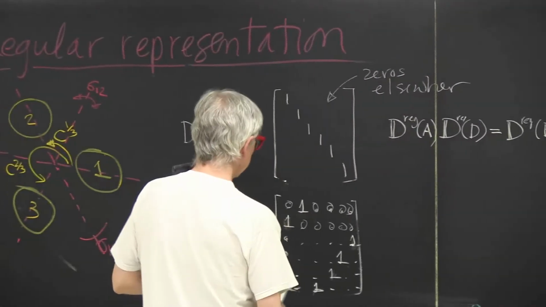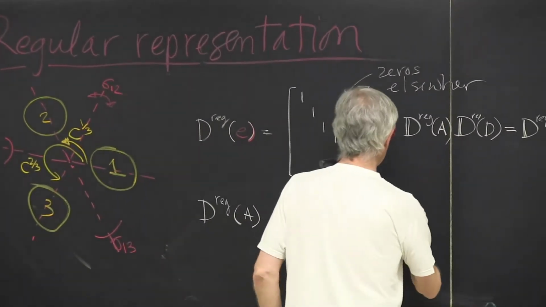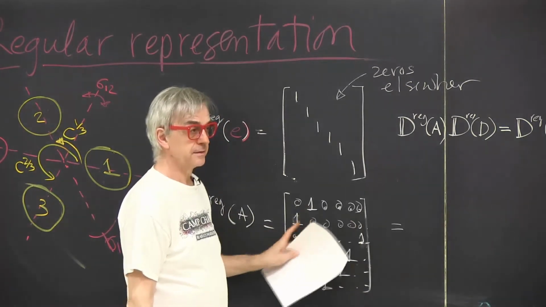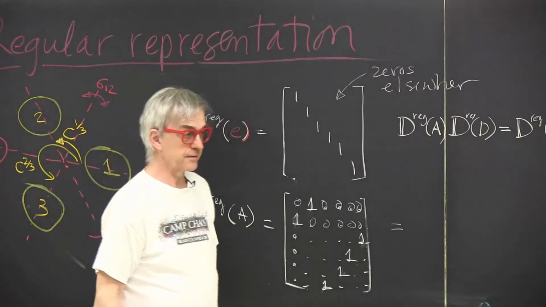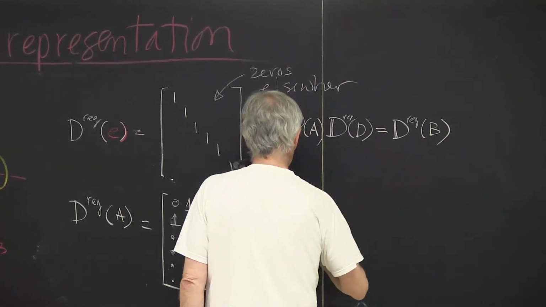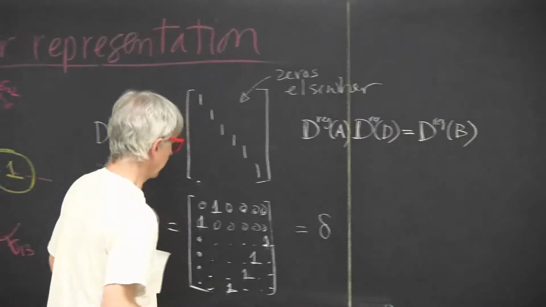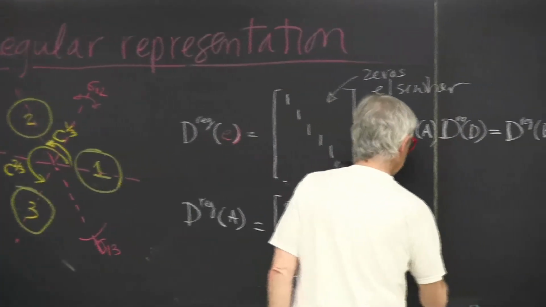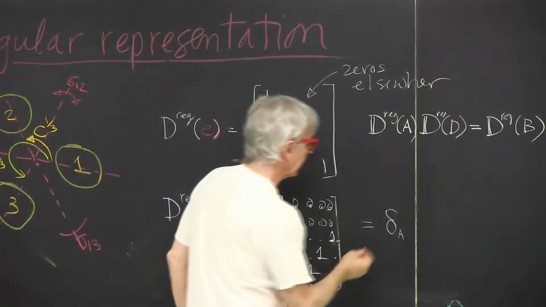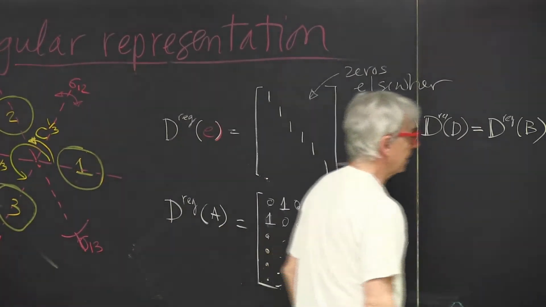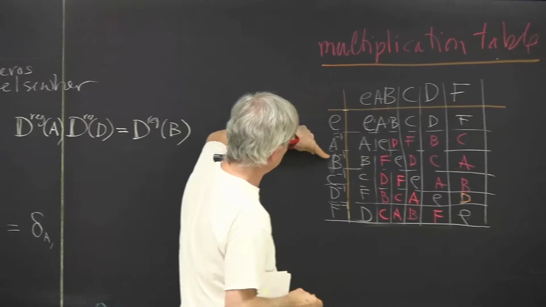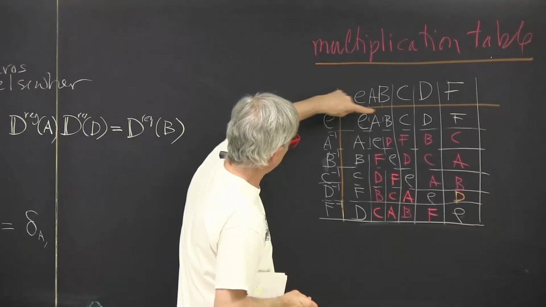But what is this set of matrices? A matrix that has only ones and zeros, we can always write as a Kronecker delta. So we can always write it as delta of matrix A in this particular case. And on the right-hand side, the only ones that are allowed are the group elements.